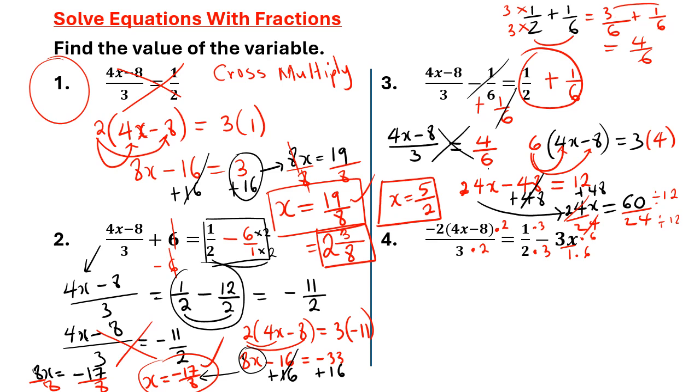All right. So after doing this, this is what I have here. I have negative 2 times positive 2 here. You see that? So that'll be negative 4. So I have 4x minus 8 right now, because I'm not ready to distribute yet, over 6 is equal to 1 times 3 is 3 over 2 times 3 is 6.